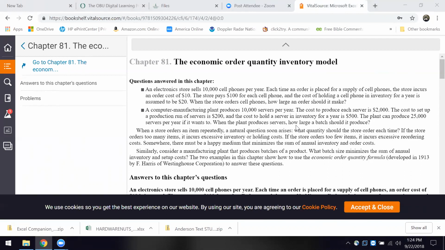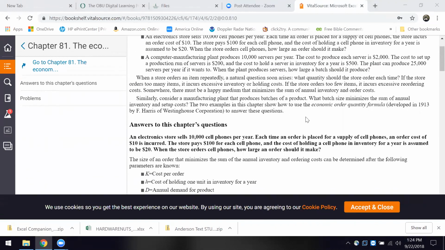They give us these questions up above, and they frame them that way. They also give us some information about the hazards of inventory or holding costs, plus the hazards that are faced by running out of inventory.